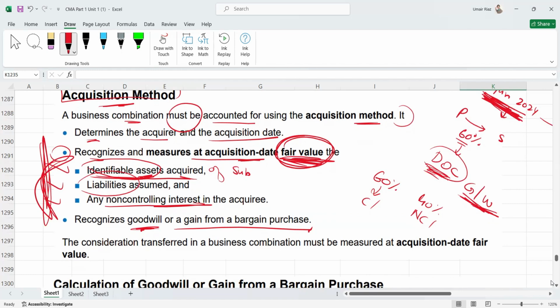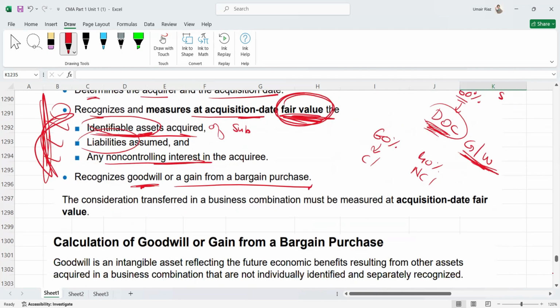So I have a small note here. Please remember, once we calculate the goodwill, if there is goodwill, it will be shown in the consolidated balance sheet only. It is not shown in the individual balance sheet. But because we'll apply the formula, the result would be either goodwill or a gain from bargain purchase.